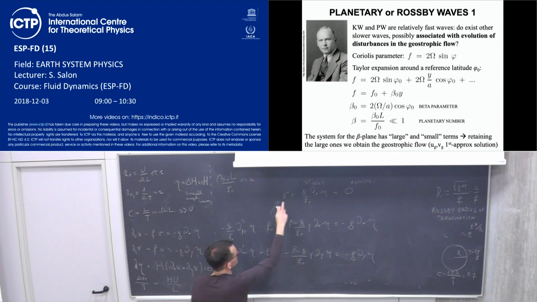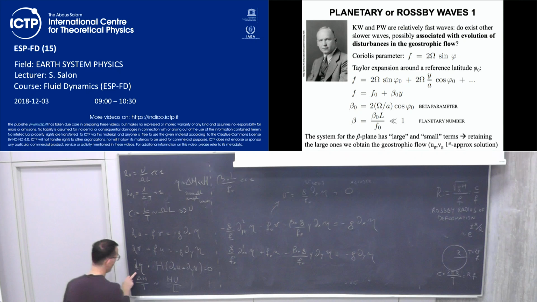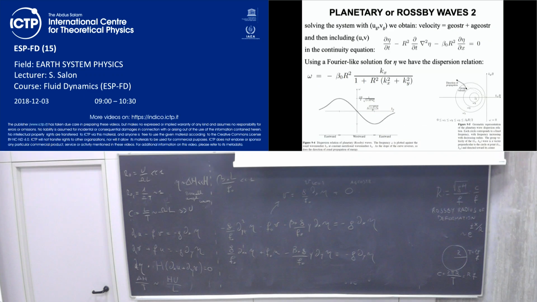So if we use v and u and put them within the third equation, the continuity equation, we obtain this equation here, which solves for the unknown eta. So the variation in time of eta equals R squared, again the Rossby radius of deformation, times the time derivative of the Laplacian of eta, minus this term here, beta 0 R squared, which depends on the x derivative of eta.